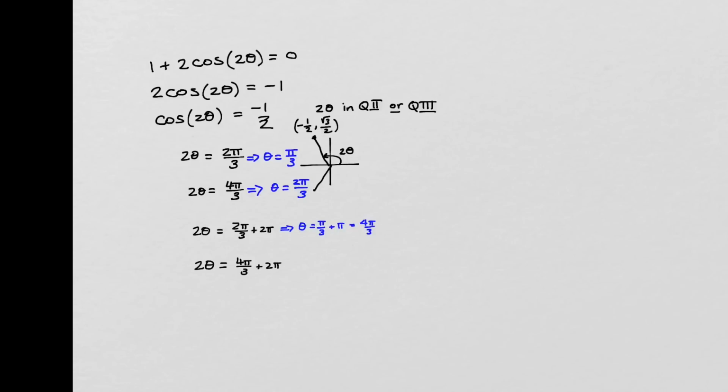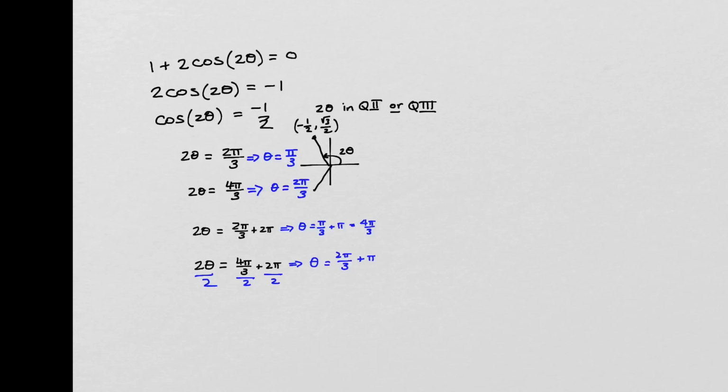Okay, so if I divide each term by 2, then I can say that theta equals 2 pi over 3 plus pi, because I'm just dividing both sides by 2.